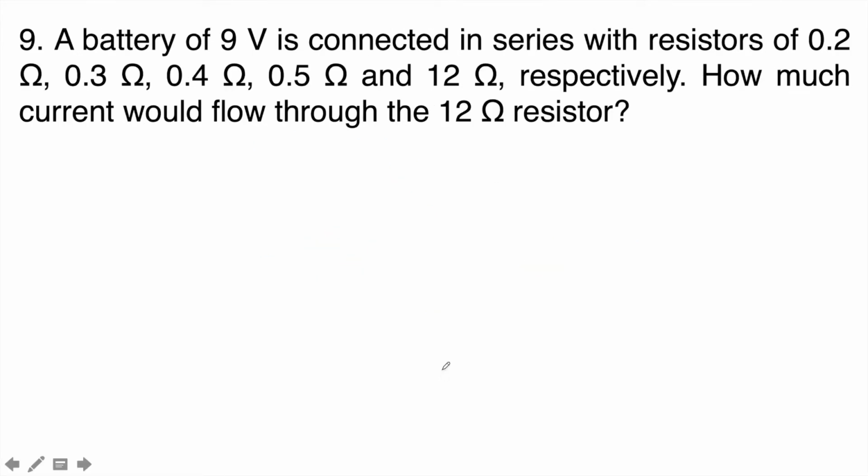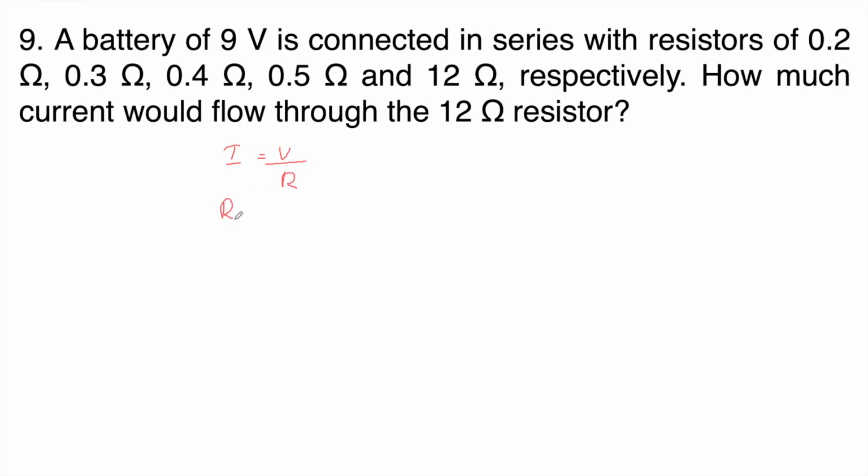Next question, question number 9. A battery of 9 volt is connected in series with resistors of 0.2 ohm, 0.3 ohm, 0.4 ohm, 0.5 ohm and 12 ohm respectively. How much current would flow through the 12 ohm resistor? So we should use the formula here again. I is equal to V by R, Ohm's law only.